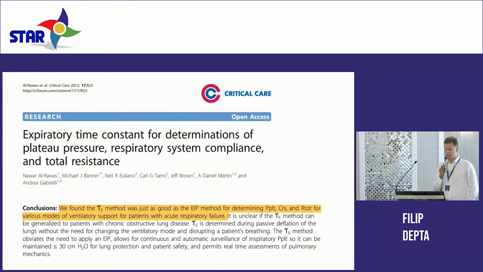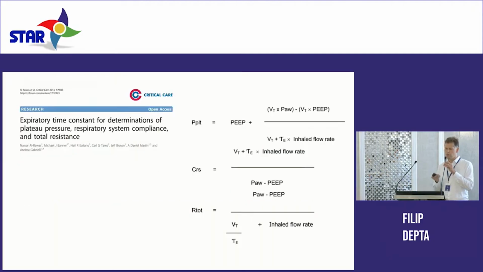An interesting study was published 12 years ago by a US researcher, Ravas, and he did, for me, quite an interesting thing. He calculated the time constant, and he used these equations to calculate plateau pressure, compliance, and total resistance without interruption of breathing.